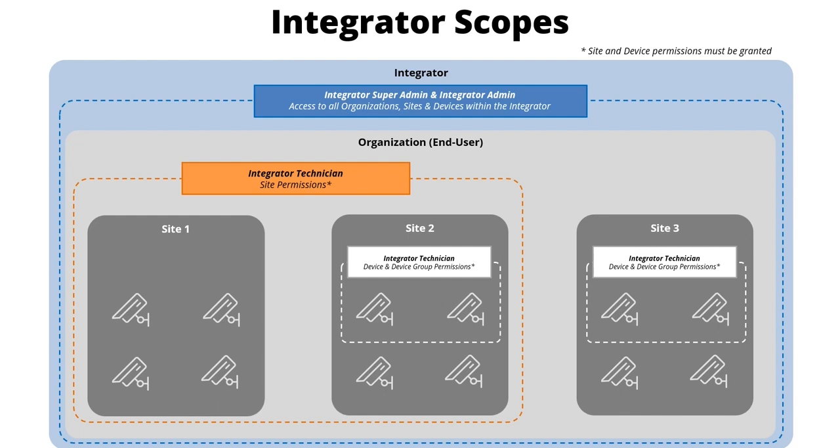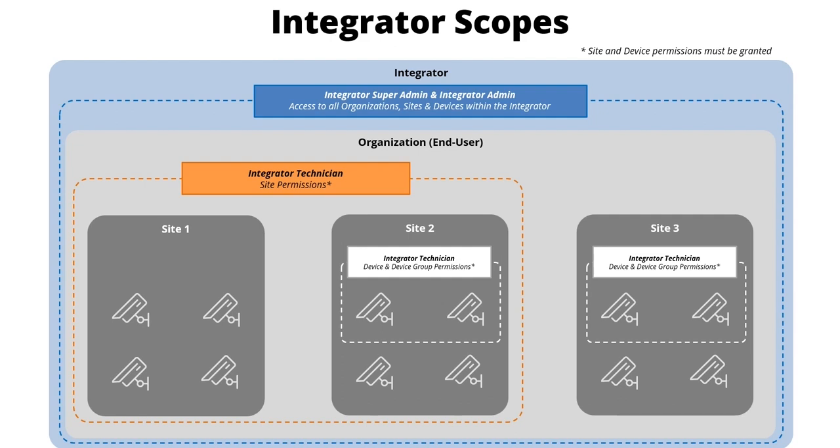What differs between the superadmin and the integrator admin are controls like single sign-on and multi-factor authentication, as in what they can and can't configure on those topics. But as far as what they will inherit within the platform, again, the blue box, you can see the dotted line within the blue box. That indicates that they will inherit all organizations, sites, and devices under that integrator.